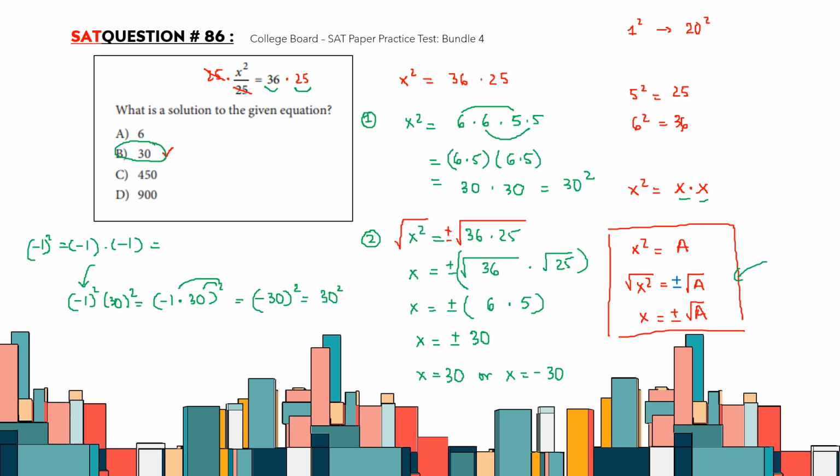And the two signs are the same, so negative times negative makes it +1. So -30 all squared is the same thing as 30 squared. That is easy to mess up when we're working with algebra, so be careful with that. In the answer choices, there are no negative numbers, so the only choice is x equals 30.